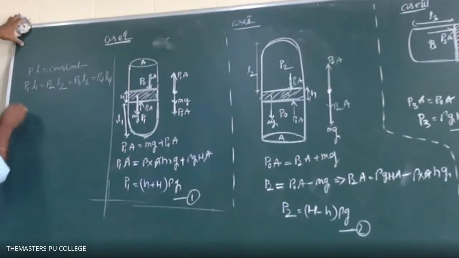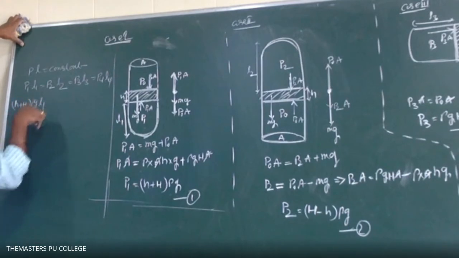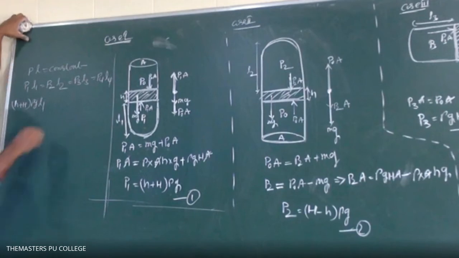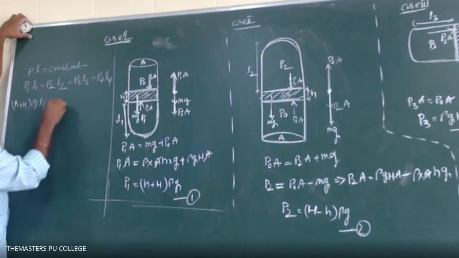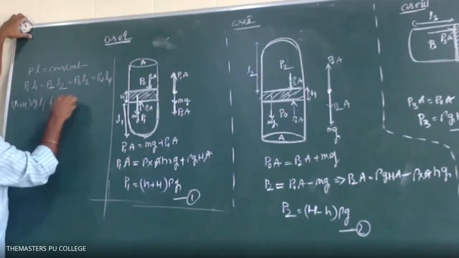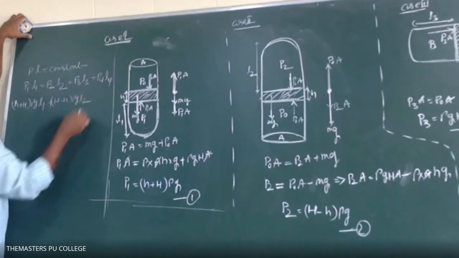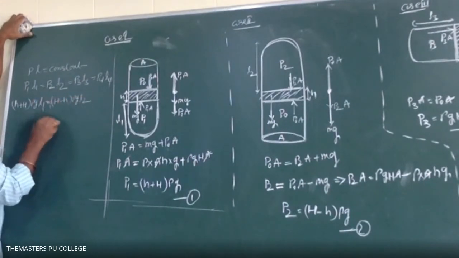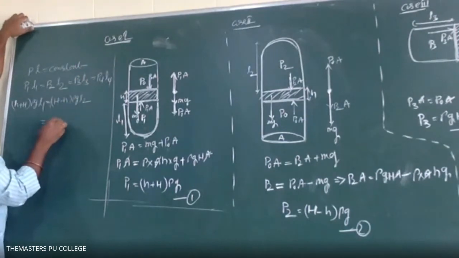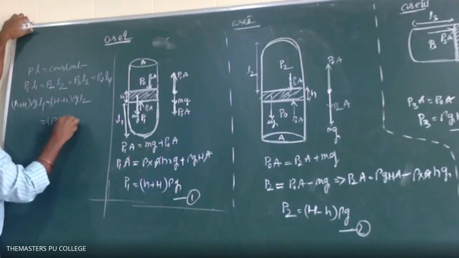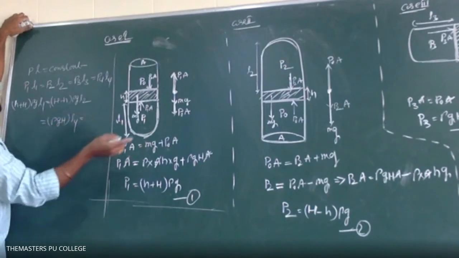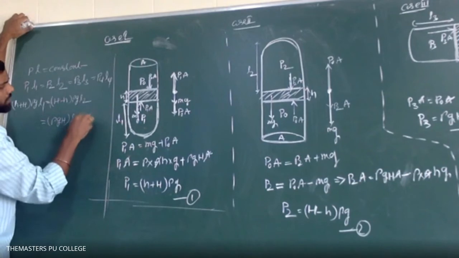What is P1? P1 means H plus capital H into rho g, times L1. Plus P2, that is H minus small h, rho g, into L2. That equals P3, which we got as rho g h, into L3.